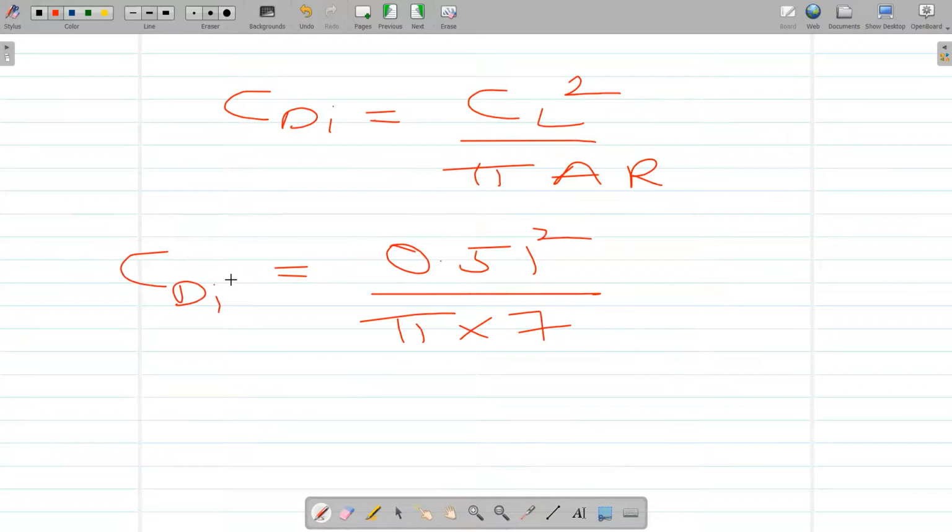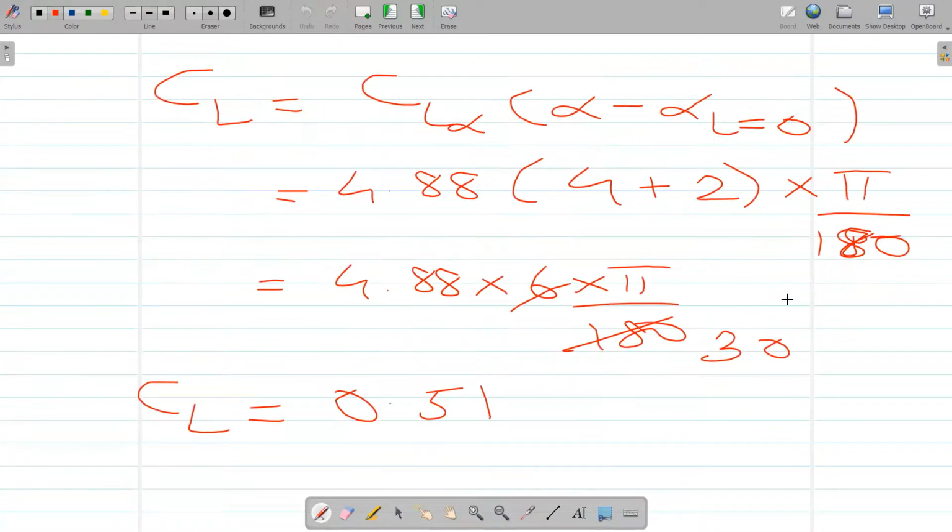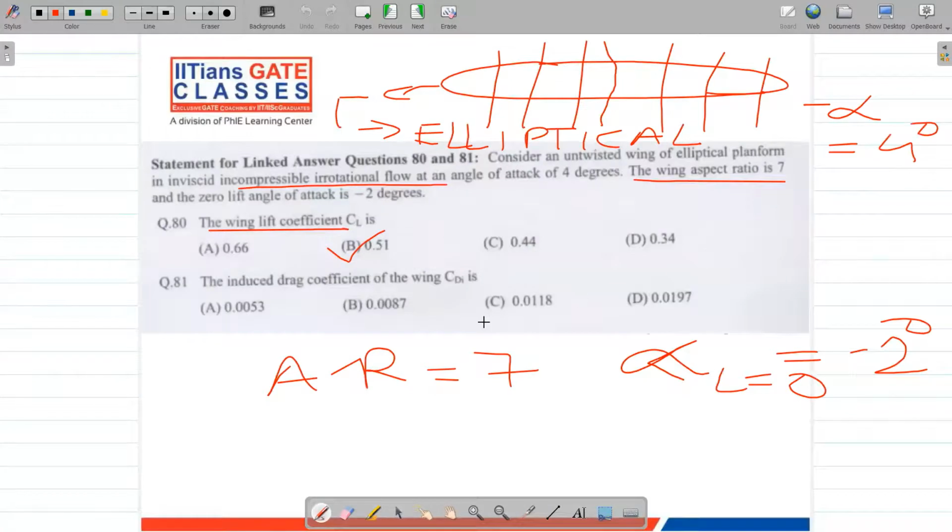So CD induced will give you a value of 0.0118. So that's nothing but option C.